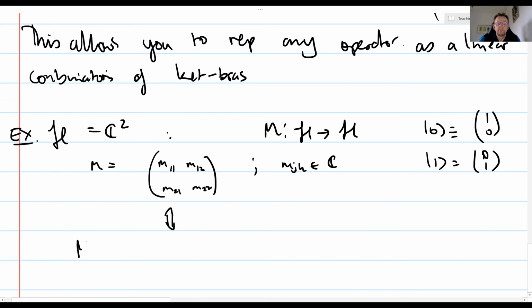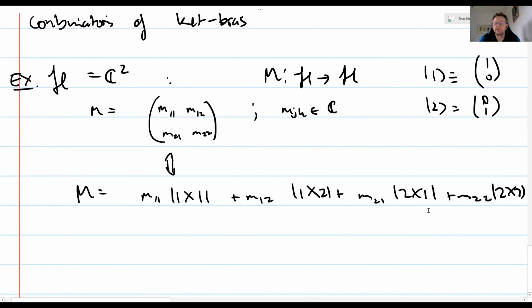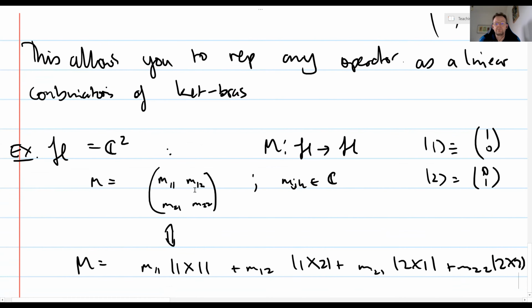M is M11 ket 1 bra 1, just to make life easier, plus M12 ket 1 bra 2, plus M21 ket 2 bra 1, and finally M22 ket 2 bra 2. So operators can also be similarly expressed as linear combinations of ket bras, in the same way that bras can be represented as linear combinations of bras and so on.